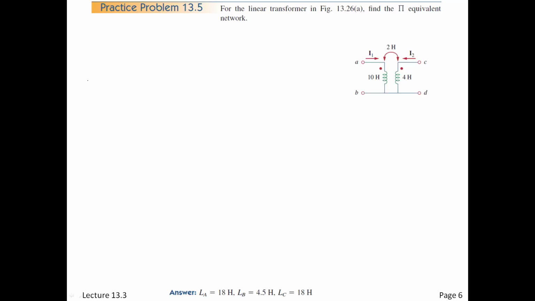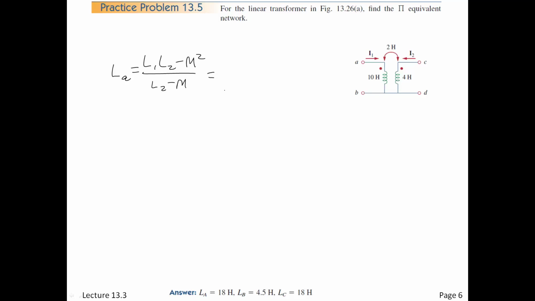LA is equal to L1 L2 minus M squared over this nice determinant piece, L2 minus M.